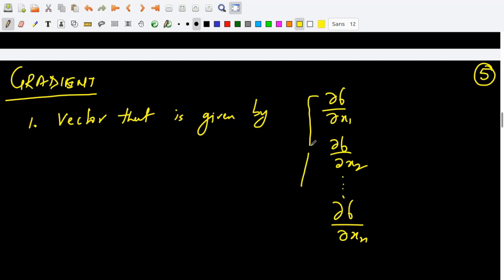So it's an n-dimensional vector, if we are talking about a function of n variables.